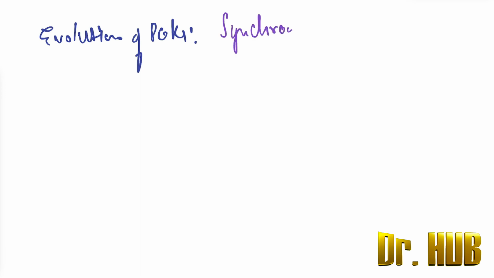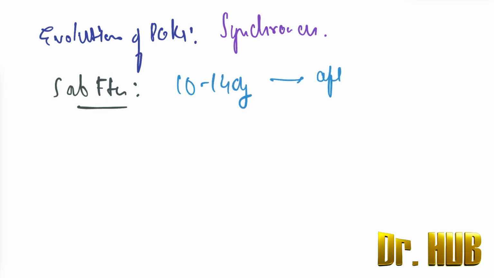Next we look at the evolution of the pox. It is synchronous. Let's look at the scab formation. Scab formation will be about 10 to 14 days after the onset of rash.